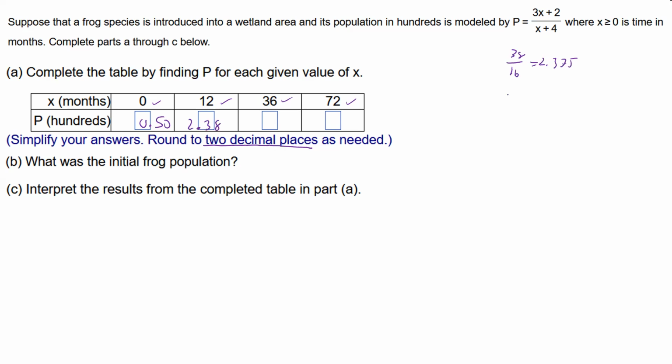Okay. Now 36, 3 times 36, that's going to be 108, plus 2 is 110. And then 36 plus 4 is going to be 40. Now 110 divided by 40, that's going to be 2.75.